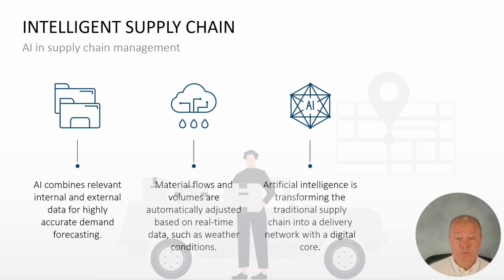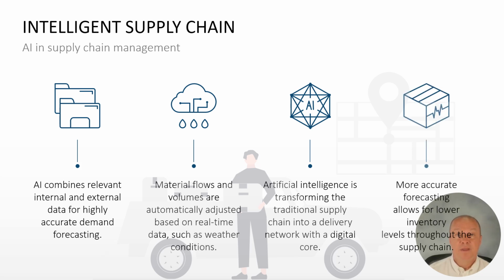This means that artificial intelligence is transforming the traditional supply chain into a delivery network with a digital core. More accurate forecasting allows for lower inventory levels throughout the supply chain, which of course reduces costs, increases efficiencies.